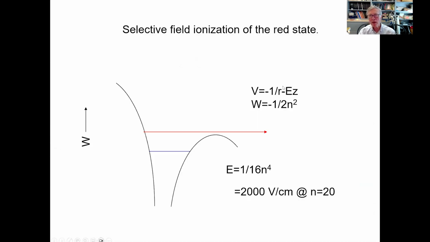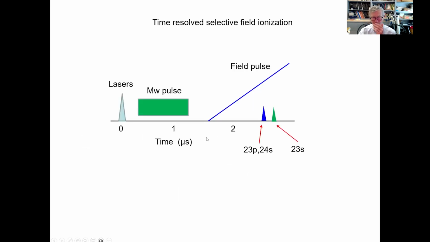Okay, so the way their technique works is that they can selectively detect, say, the higher lying red state here and not the black state. That's the principle of their technique. The experiment works by having pulsed lasers, a microwave pulse of about a microsecond, and then a field pulse rising in a few microseconds.